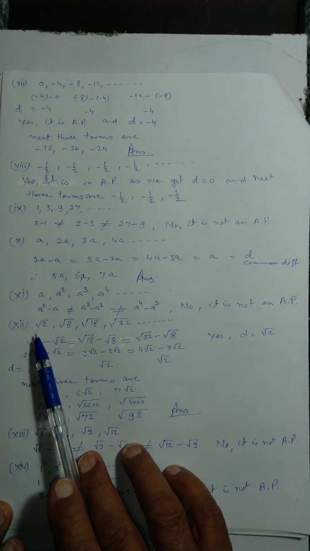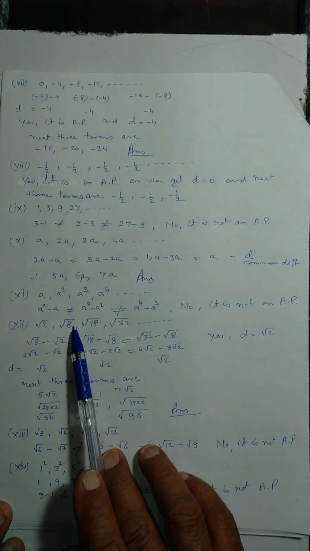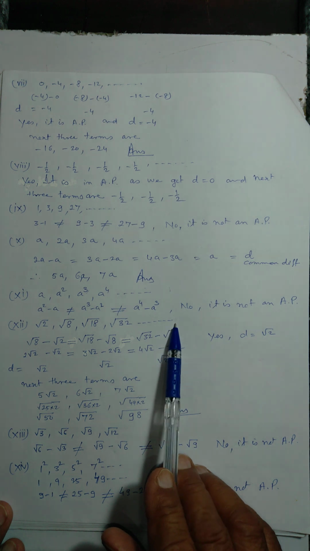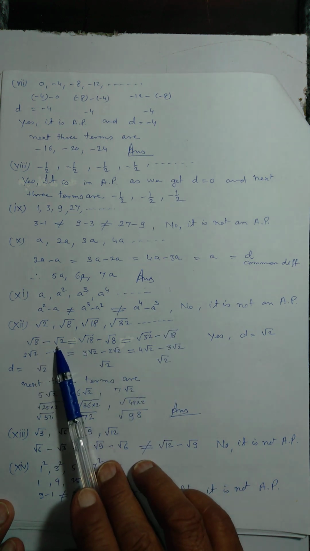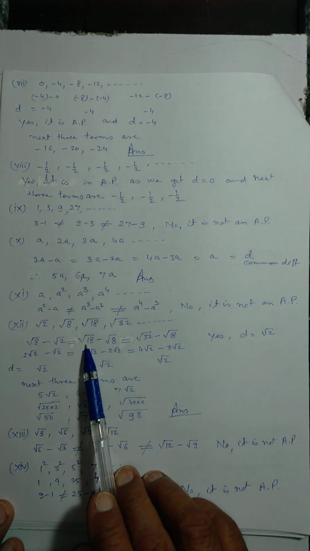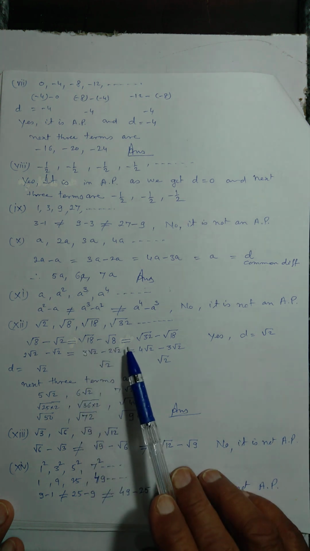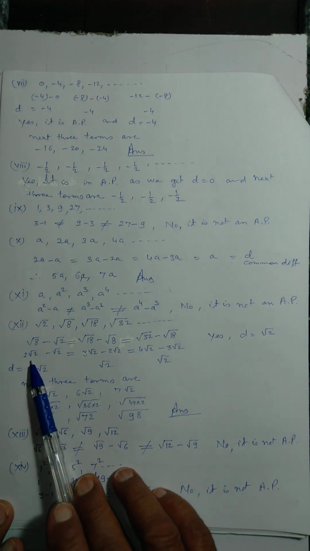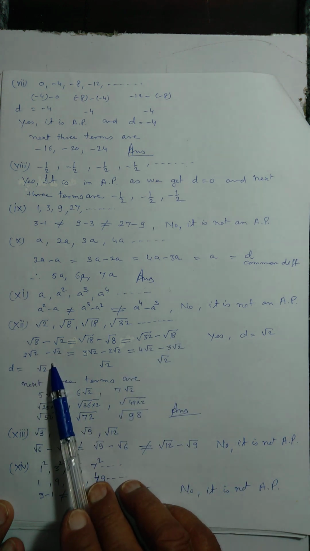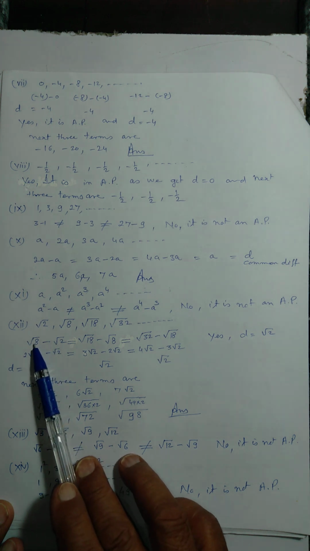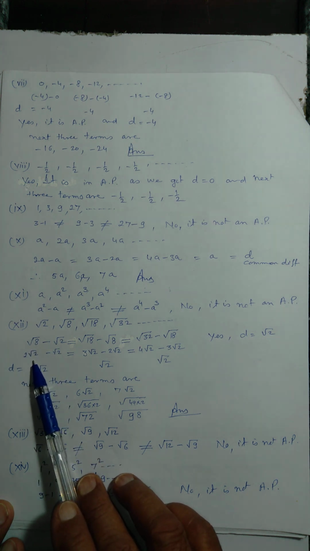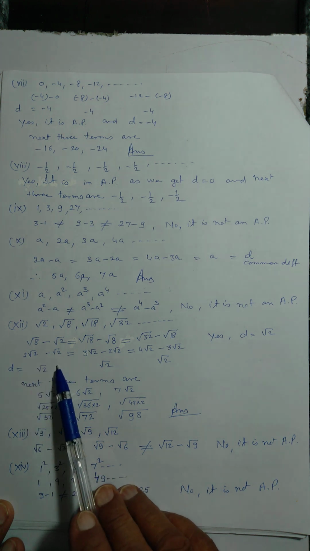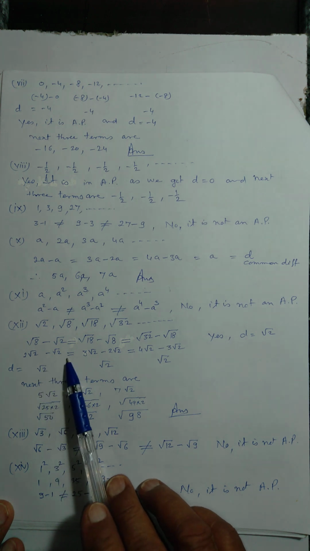Now come to the 12th part, that is root 2, root 8, root 18, root 32 and so on. So root 8 minus root 2 is equal to root 18 minus root 8 is equal to root 32 minus root 18. Root 8 can be written as 2 root 2, so 2 root 2 minus root 2, you will get root 2.